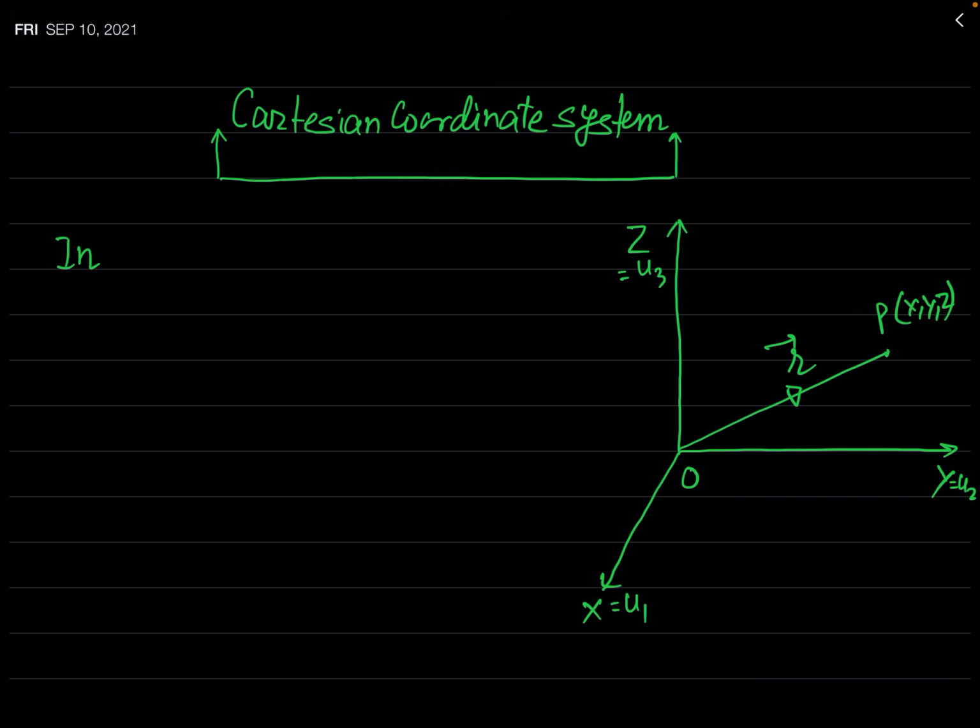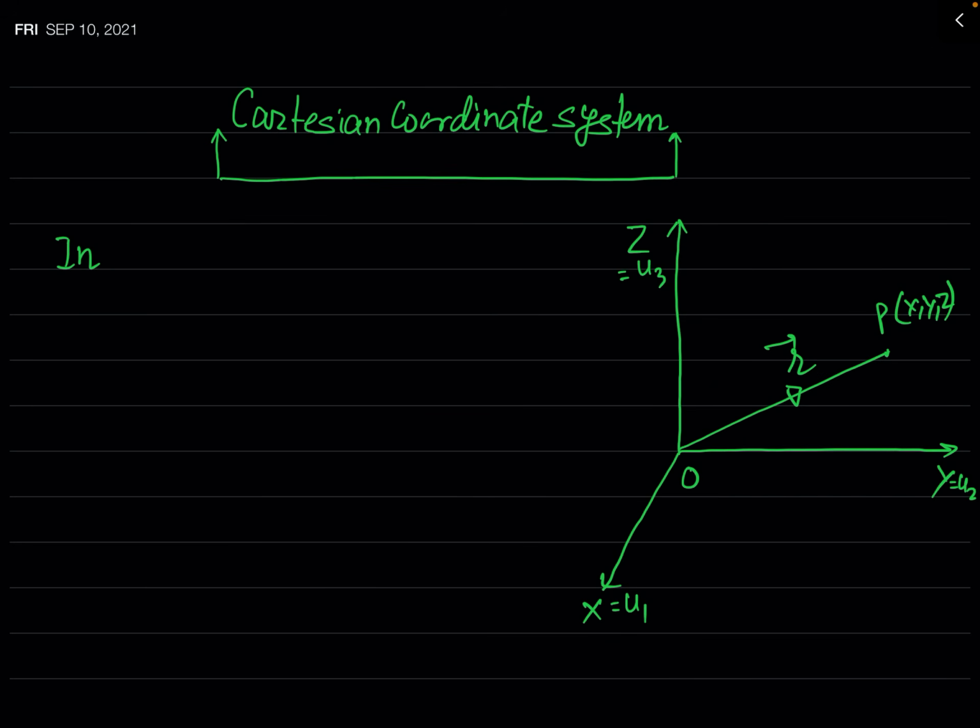So in this lecture I am going to discuss these things in Cartesian coordinate system, which is an orthogonal curvilinear coordinate system. And as you know, in Cartesian coordinate system, the three mutually perpendicular axes are x-axis, y-axis, and z-axis, which I have shown in this figure.